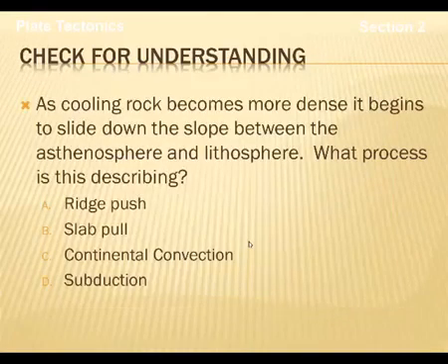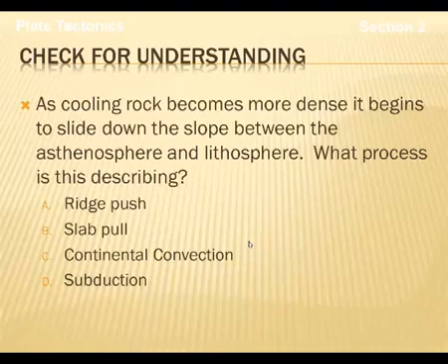So quickly, let's do this checking for understanding. As cooling rock becomes more dense, it begins to slide down the slope between the asthenosphere and the lithosphere. What process is this describing? 1 for ridge pull, 2 for slab pull, 3 for continental convection, or 4 for subduction?